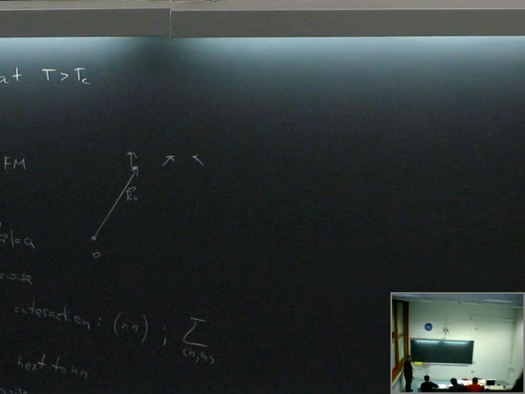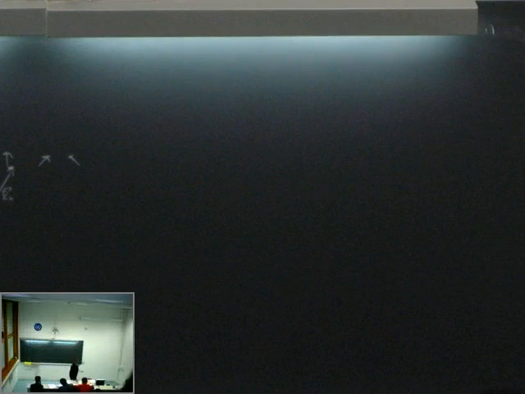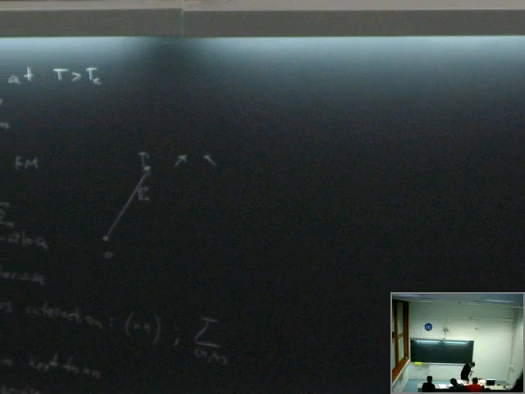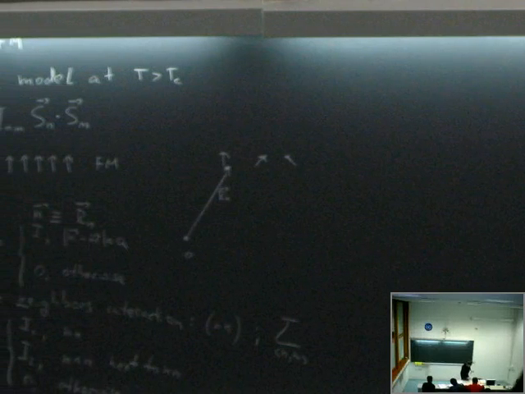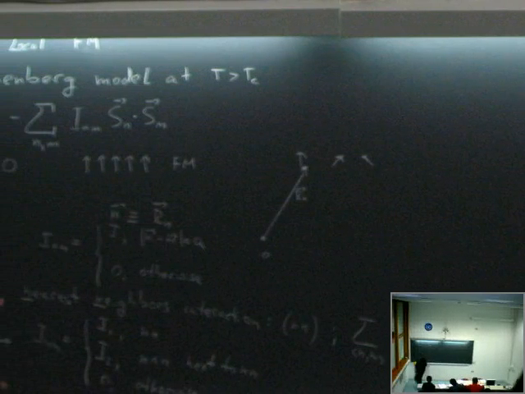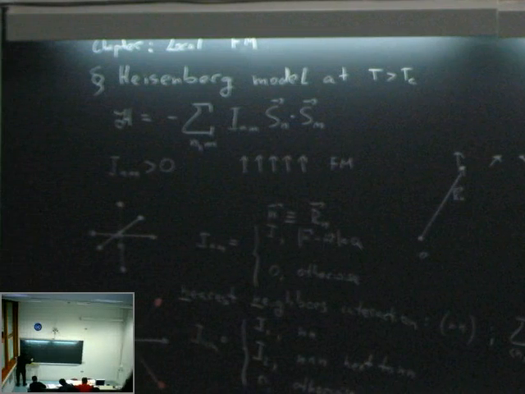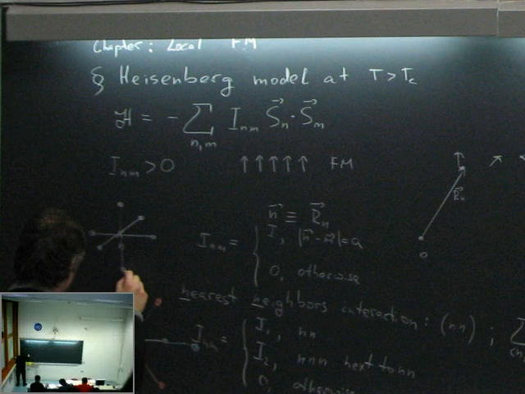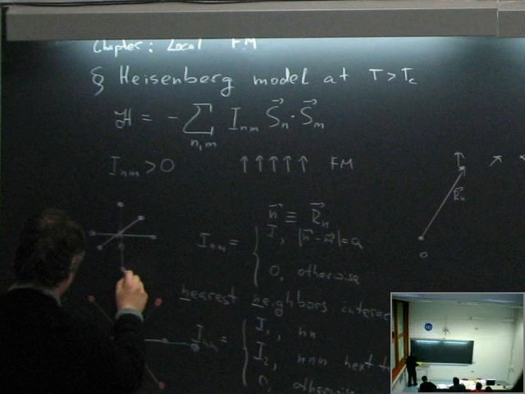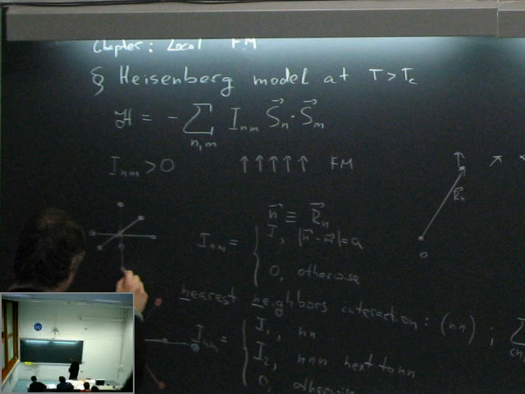And then you can include more and more neighbors. Again, if you want to include the next generation of spins, what you have to do is to take this one, so then you can make your model more and more complicated.